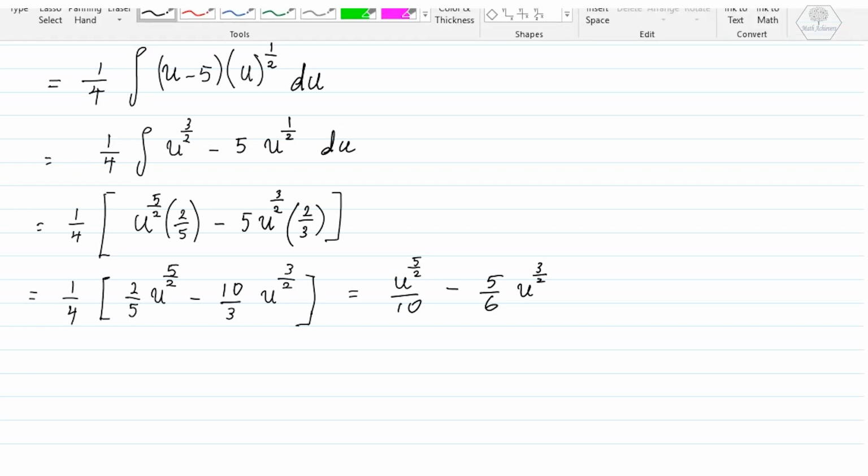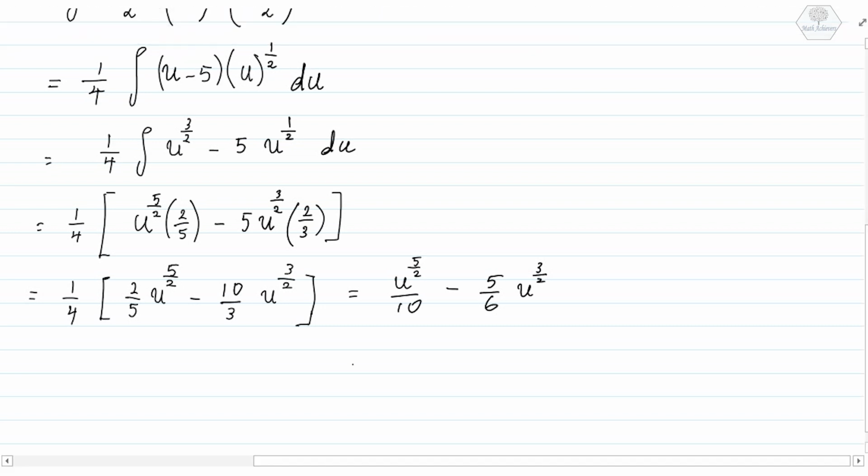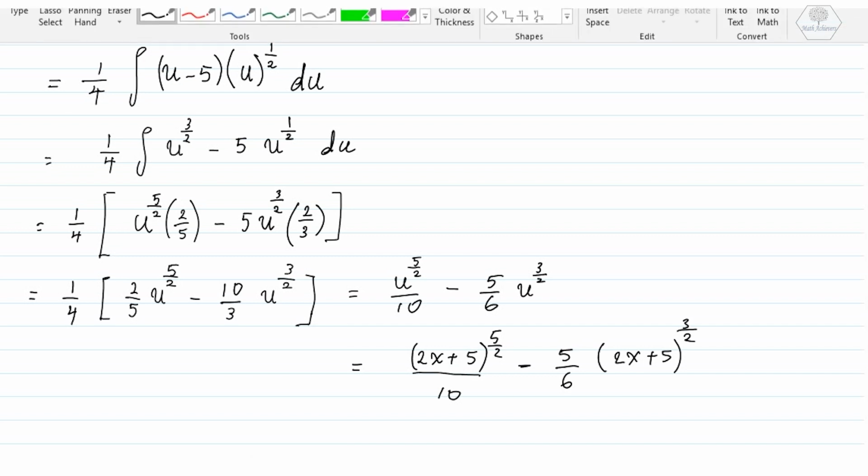So my final answer is 2x plus 5, all of it, to the power of 5 over 2 divided by 10 minus 5 over 6 times 2x plus 5, all of it to the power of 3 over 2. And this is my final answer.